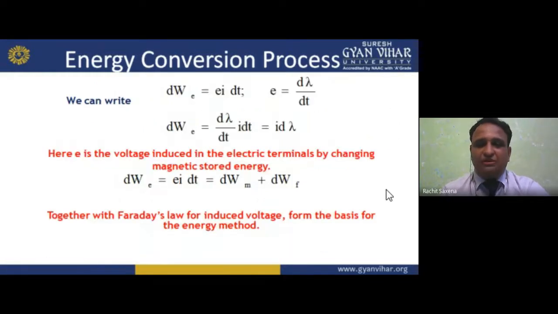Now moving forward, a simple equation we can write: dW is EI dt. E is voltage, and instead of E we can write d lambda by dt.